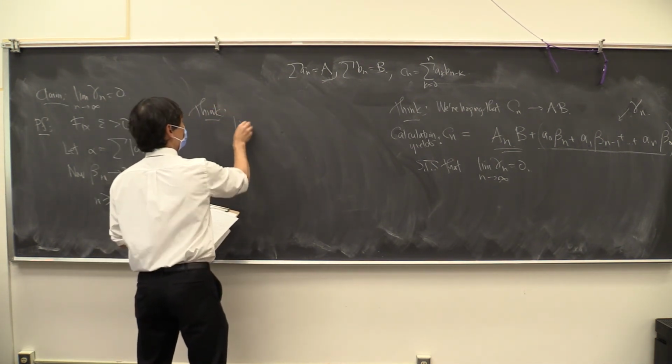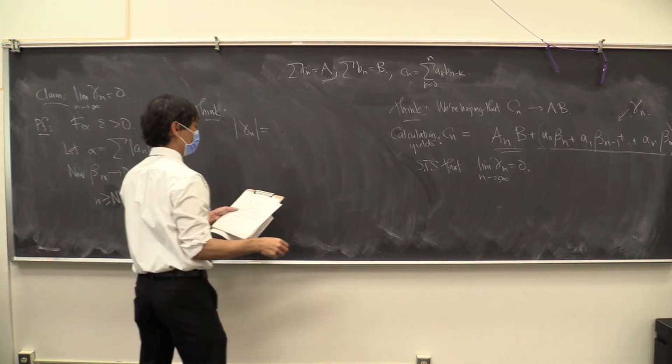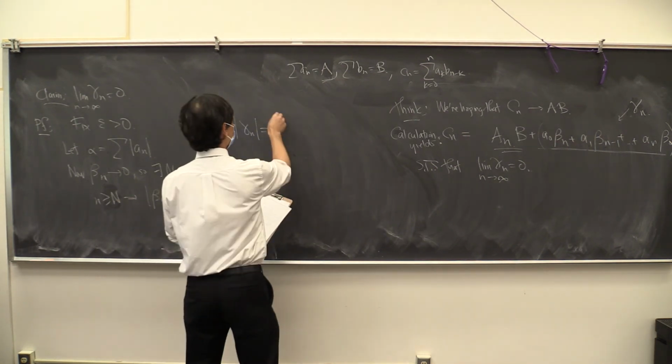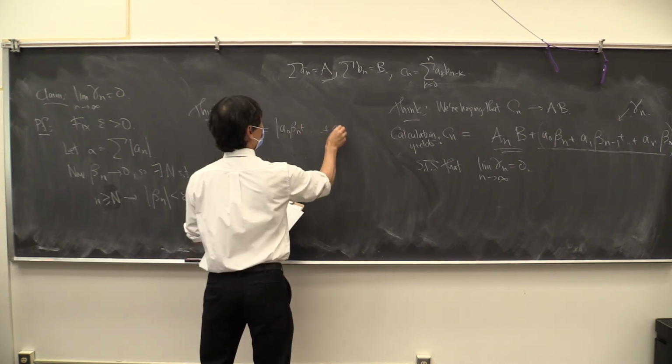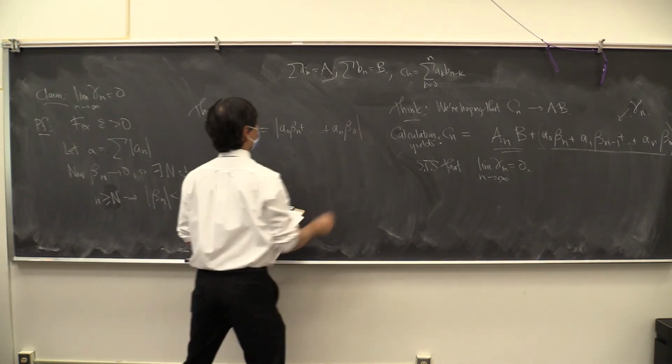If we look at the size of gamma sub n, that's of course a naught b n plus a n b naught.